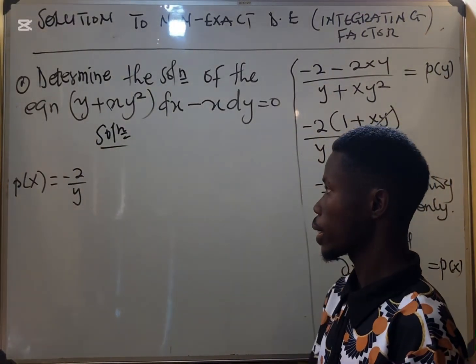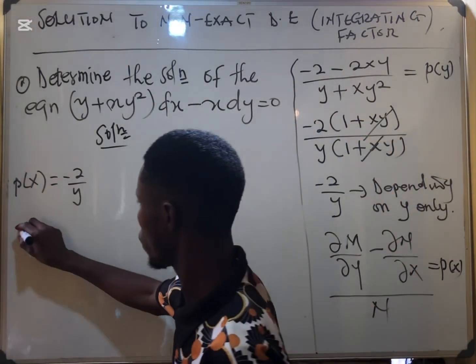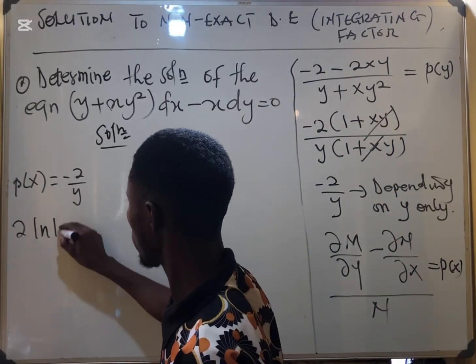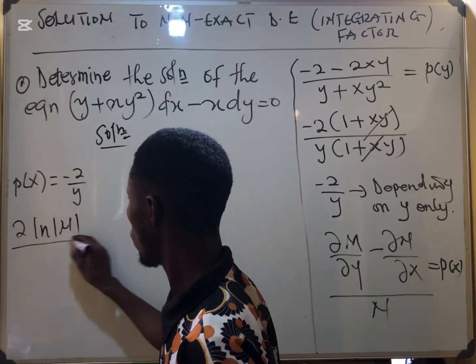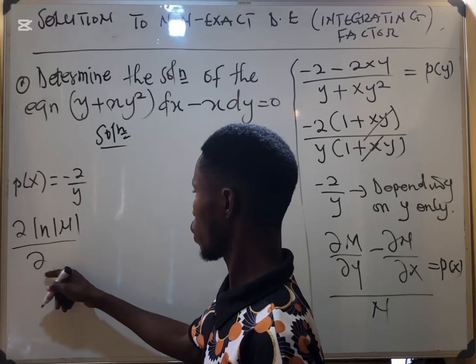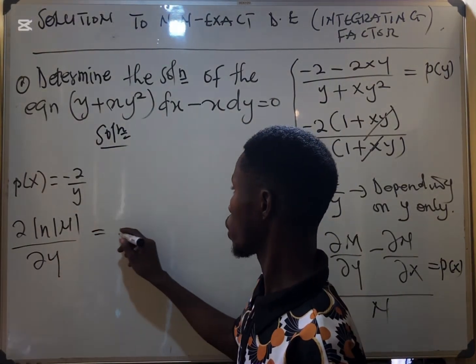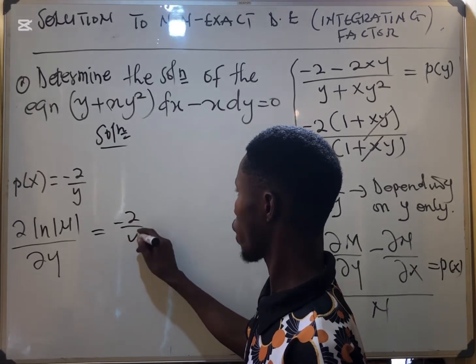But some people, instead of writing a formula straight, will start from here in some books. Delta ln mu, all divided by delta y since this one is depending on y only, equals -2 over y.